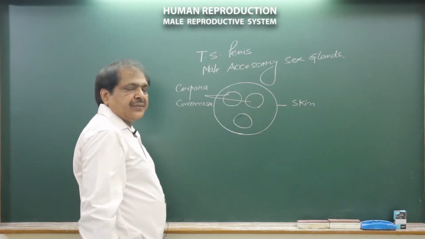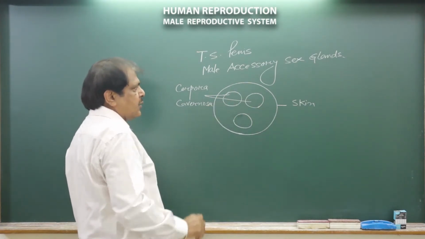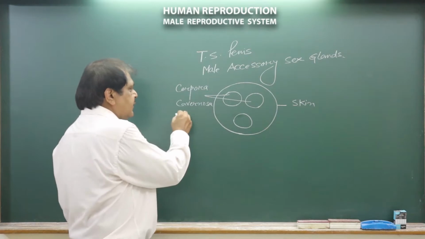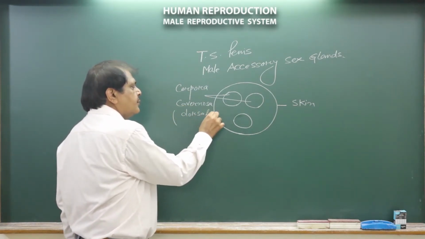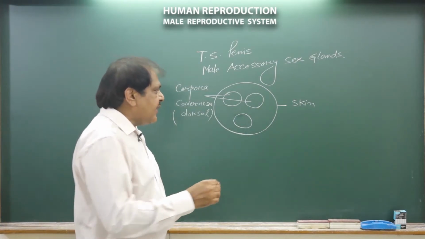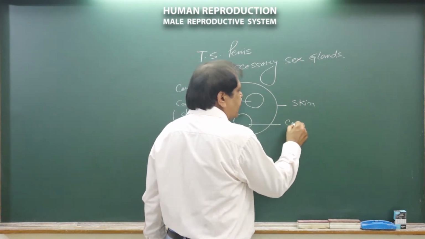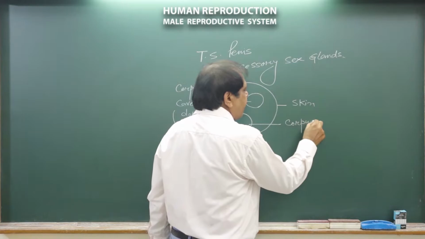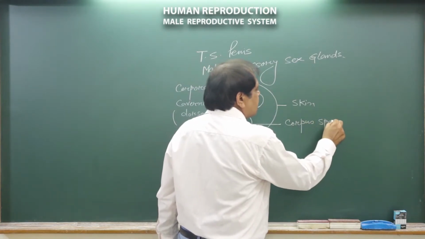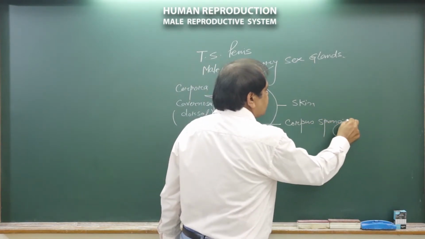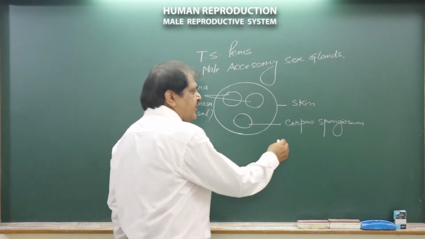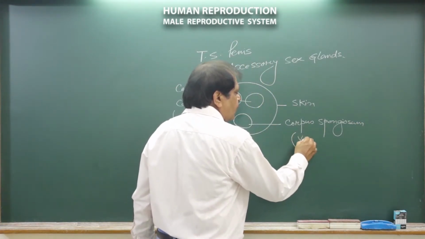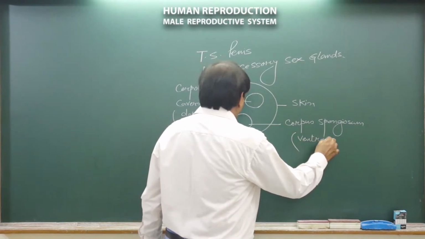These two tissues, that is corpora cavernosa, they are present on the dorsal side. And the one that is corpus spongiosum, it is present on the ventral side.